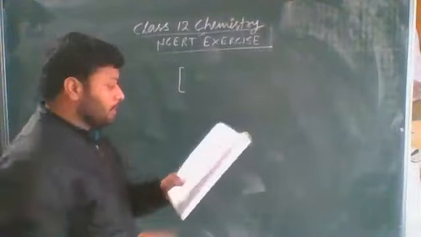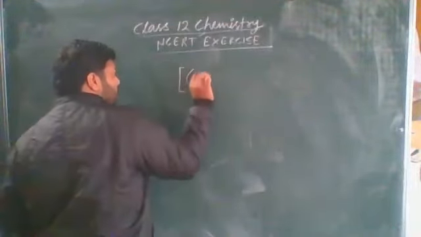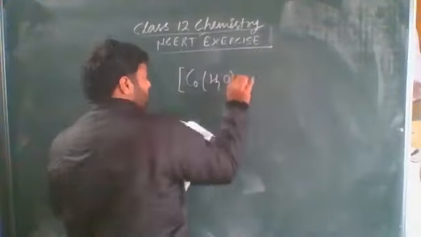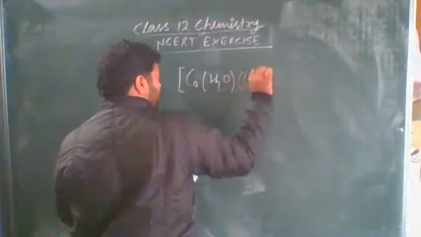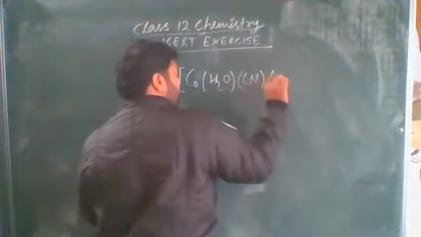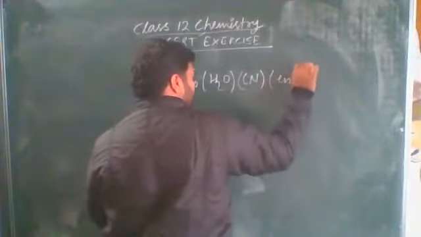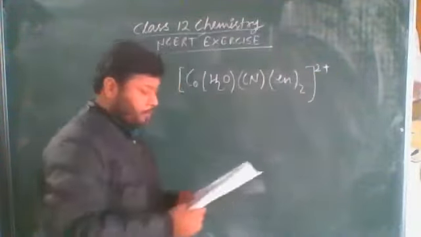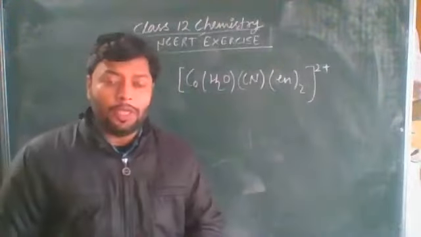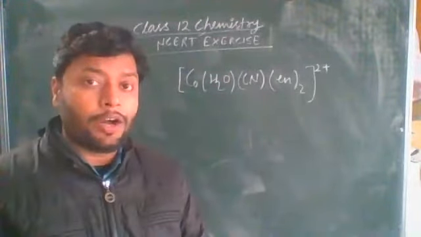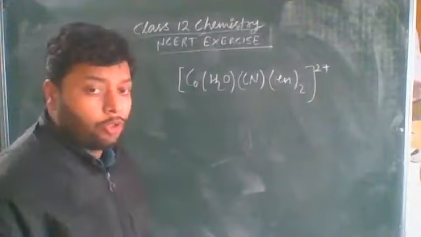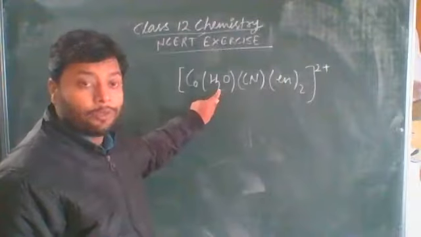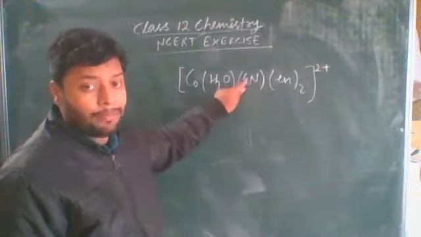suppose we have the formula [Co(H2O)(CN)(en)2]2+. Suppose we have this compound and we will try to calculate the oxidation number of cobalt. You should know this water molecule is a neutral ligand, so there will be no oxidation number.